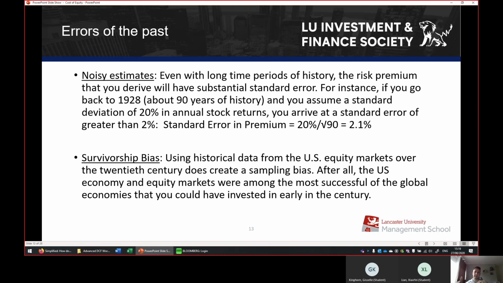But the problem with that is there's quite a lot of noise, and it has a big standard error, okay? And the other thing is there is bias involved. So, for example, the US has grown a lot, and it will be biased towards the US because of that, because it's matured now. So it doesn't really make sense to use the past when we're trying to predict the future with this equity risk premium.